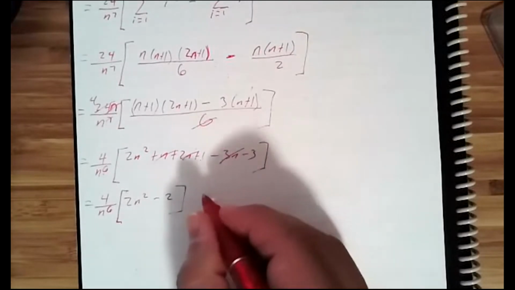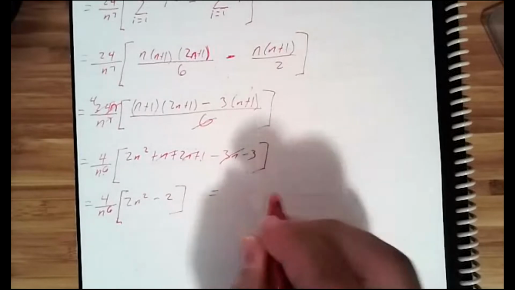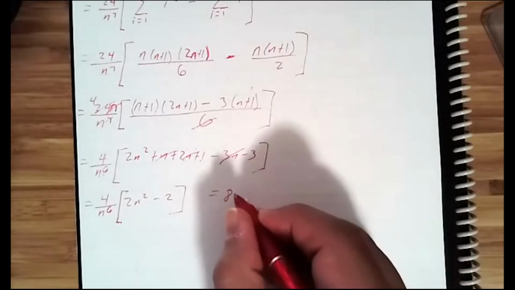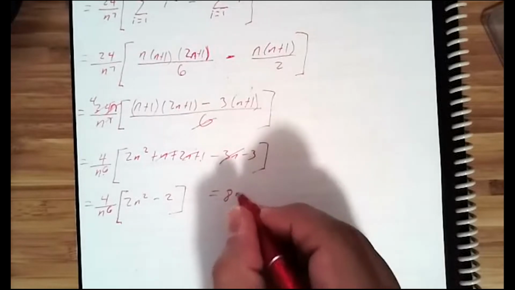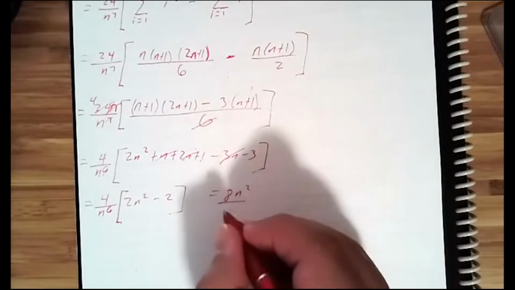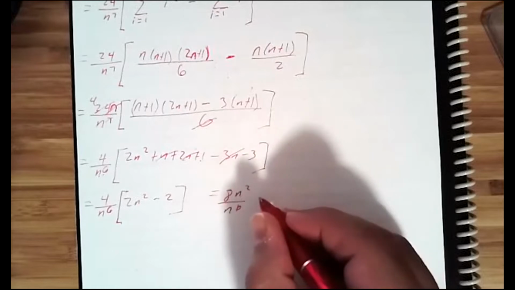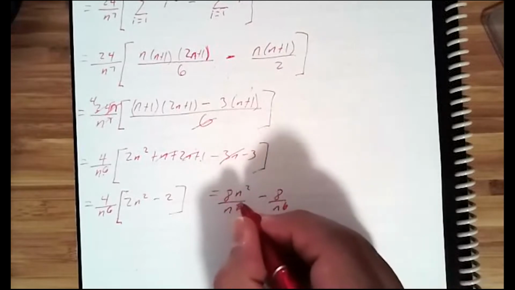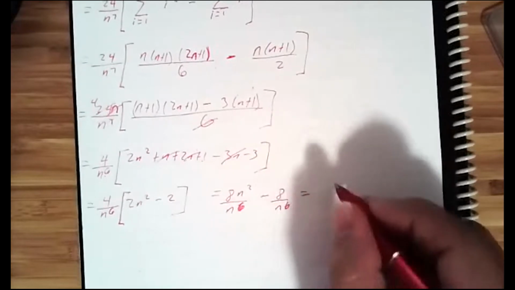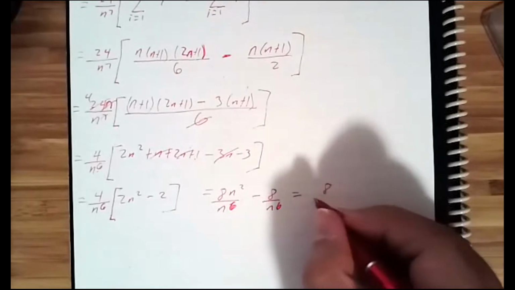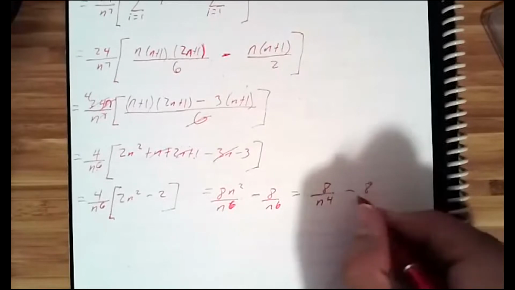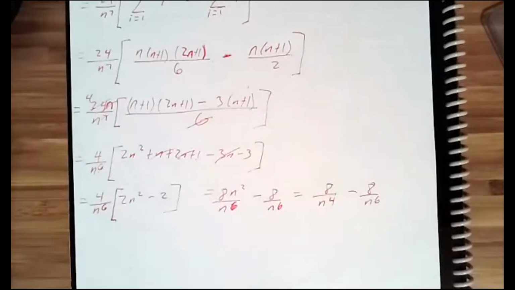So final answer, multiply that nonsense back in, that will give us 8n squared over n6 minus 8 over n6, which reduces to 8 over n4 minus 8 over n6.